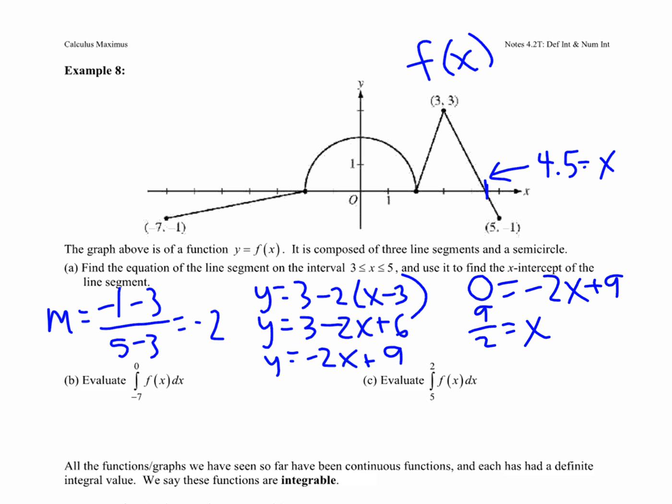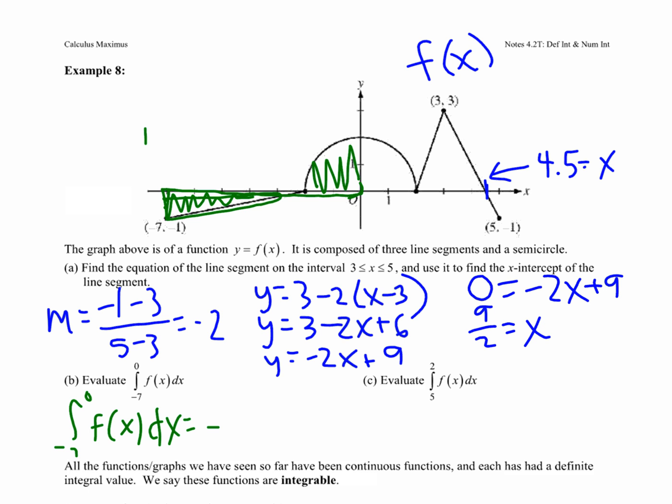All right. Evaluate the integral from negative 7 all the way to 0. So we have some part under the x-axis and we have some part over the x-axis. So this is going to be equal to negative the area of this triangle.